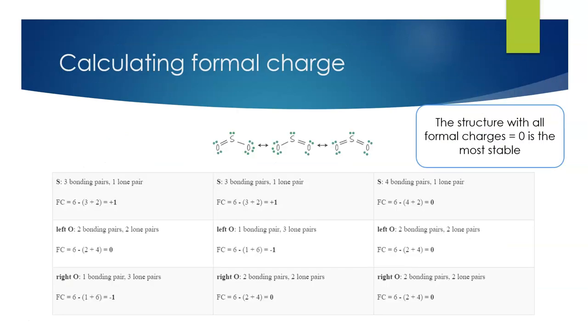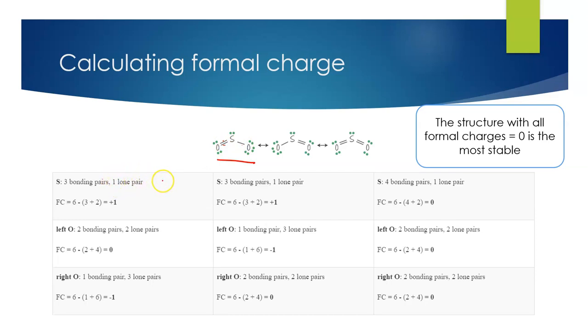So when we calculate the formal charge for each of these molecules containing sulfur, the structure with all formal charges equaling 0 on each atom is going to be the most stable. So we need to look at first our first resonance structure here. We have sulfur, and it has 3 bonding pairs, 1, 2, 3 bonding pairs, and 1 lone pair.